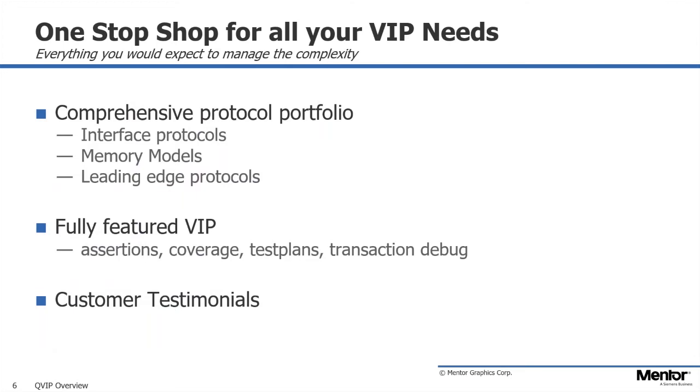If you've got a PCIe endpoint on your device, you can pick up our PCIe root complex VIP, drop it on, hook it up, generate all of your traffic, and do all the debug on that interface to make sure that things are working the way you intended, and you're getting data into the internal custom logic of your device.